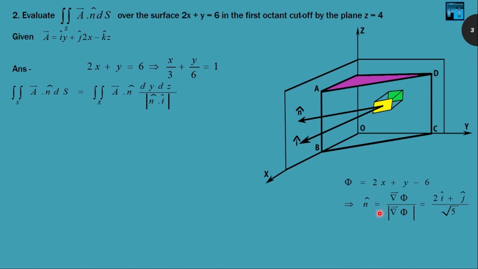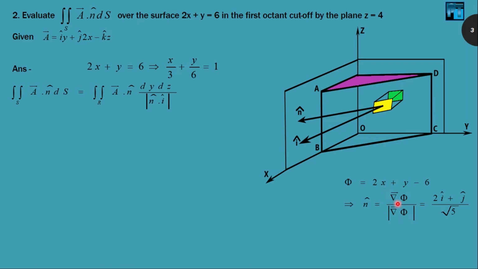Now what is n cap? N cap is the unit normal along this phi. What is the general form of unit normal? Grad phi by mod of grad phi, because grad phi is along the normal direction and unit normal means divided by the value of grad phi.